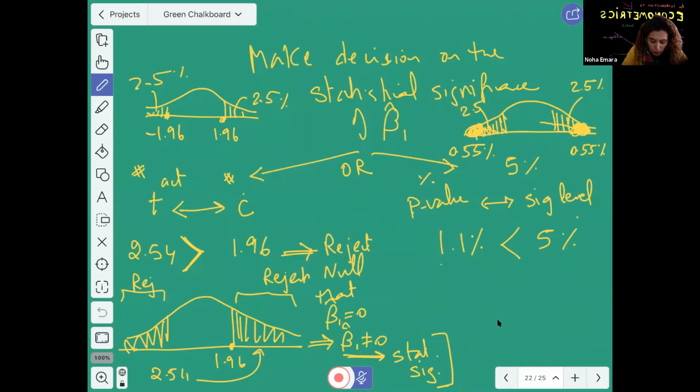So 0.55% is less than 2.5% if you want to divide both by 2, it's equivalent. And again, I reached the same conclusion. I'm in the rejection region. I'm going to reject the null and conclude that beta hat 1, or student-teacher ratio, has a statistically significant impact on test score.